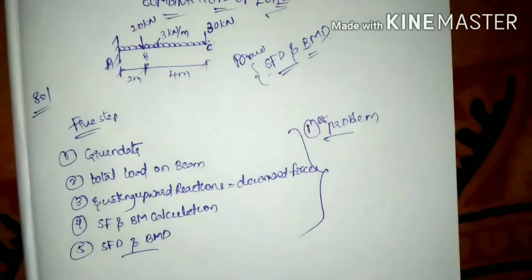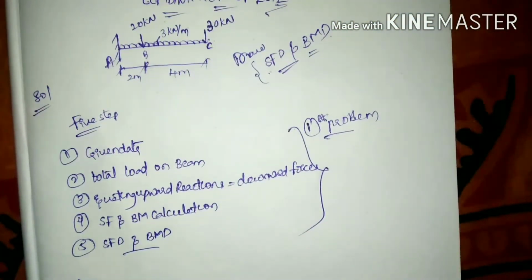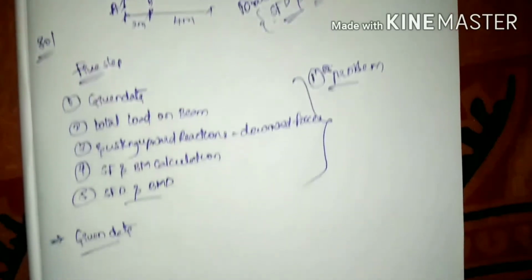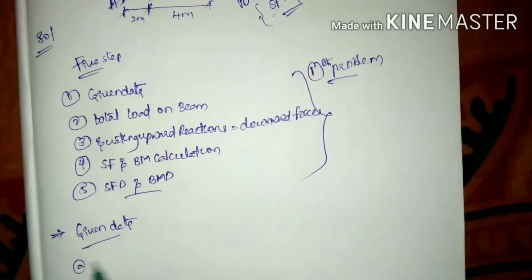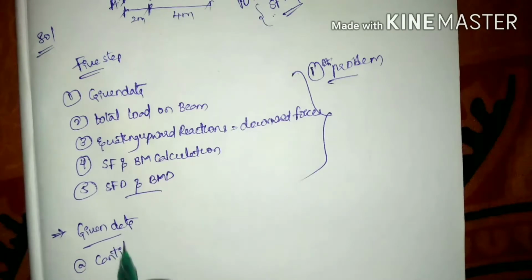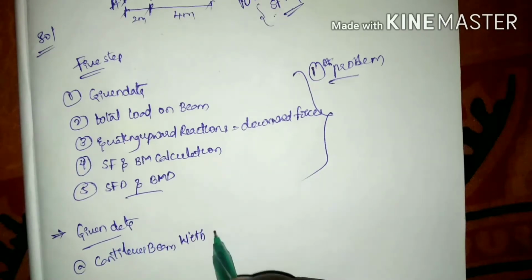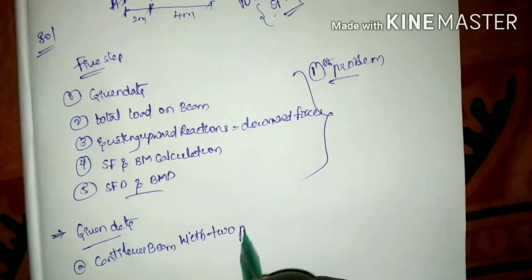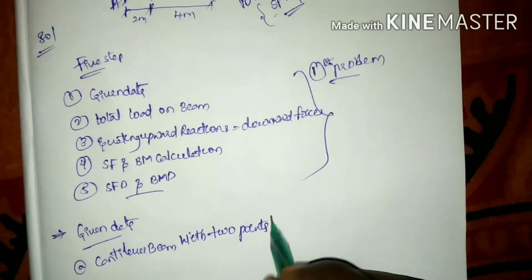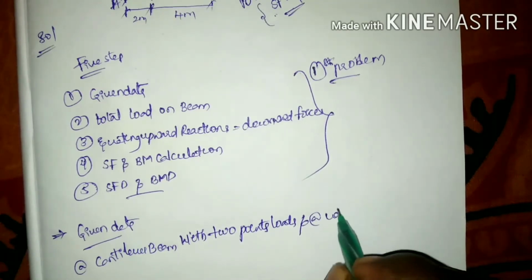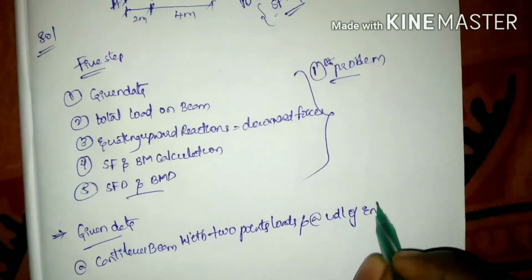Here in the question, what is given data? A cantilever beam with 2-point loads and a UDL load of entire span.